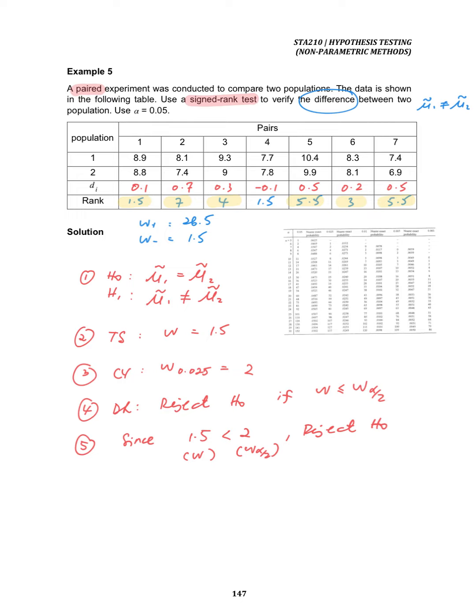So we can conclude here there is a difference between the two populations. Because we reject the null hypothesis, we will accept H1, meaning that the medians of population 1 and population 2 are unequal. So we can write it as median population 1 not equal median population 2.